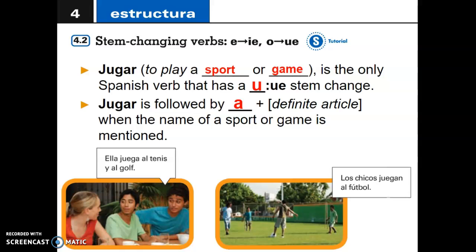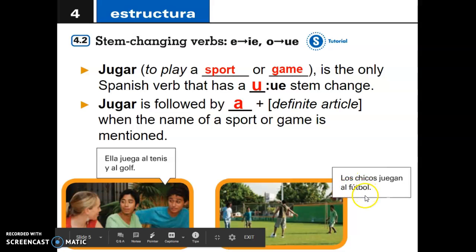A lot of times in various Spanish-speaking countries, they don't necessarily say this, but it's good for you to know. So, ella juega, notice that stem change, al tenis. A and el, remember, you mush up together and make it al. Los chicos juegan al fútbol. Same thing. They play, notice that stem change, al fútbol.